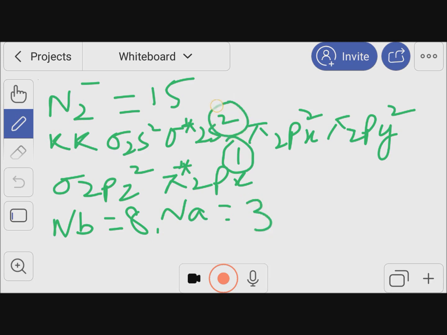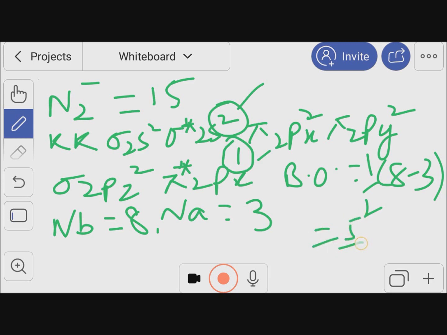And the bond order is equal to 1 by 2 (8 minus 3), which again comes out to be 5 by 2, which is equal to 2.5. Here the bond order of the N2 negative ion is 2.5, which is the same as that of the N2 positive ion.